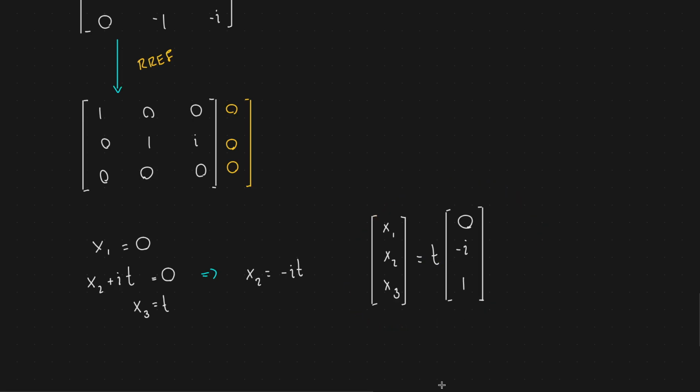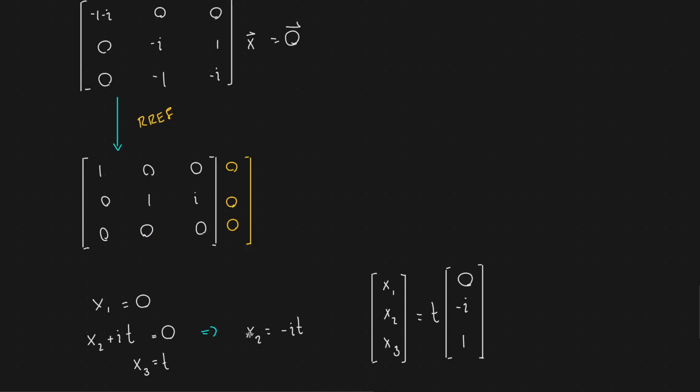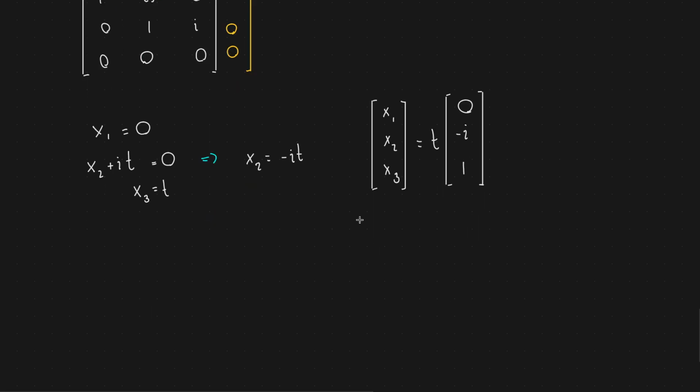Any vector of this form is going to be an eigenvector associated with the eigenvalue 1 plus I. So our eigenspace for the eigenvalue 1 plus I is the span of the vector 0, negative I, 1. And the basis, which is the answer we're really looking for, one option for the basis is the vector 0, negative I, 1.